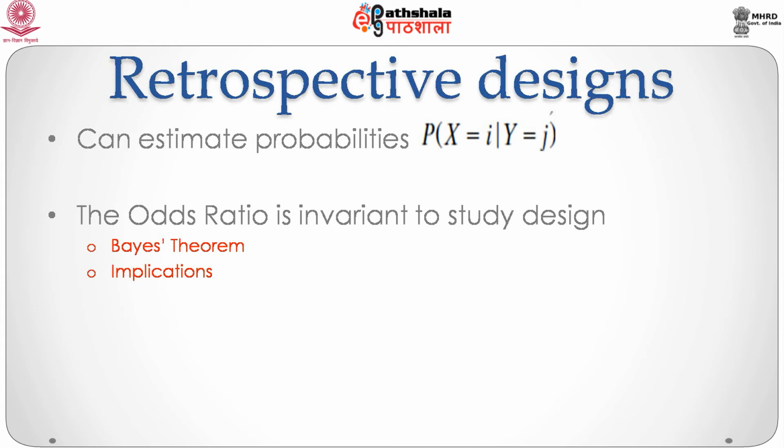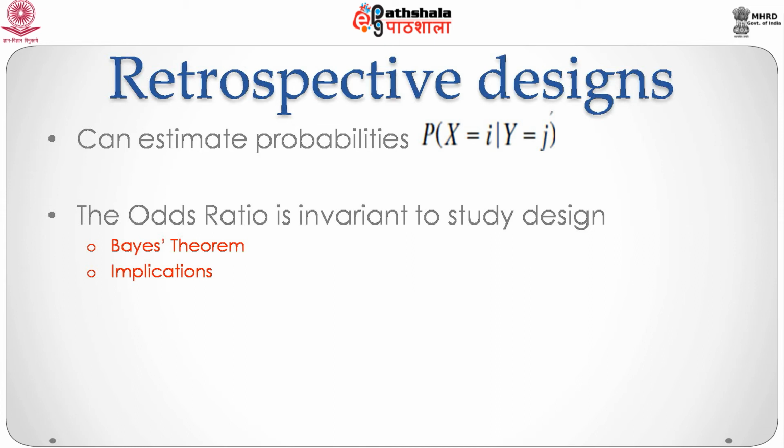We can argue that it is more natural to try and predict the occurrence of lung cancer given smoking, and not vice versa. It turns out that when we use such a retrospective design, it is not possible to estimate the risk ratio. However, the odds ratio has a very remarkable property, which is that the odds ratio is invariant to study design.